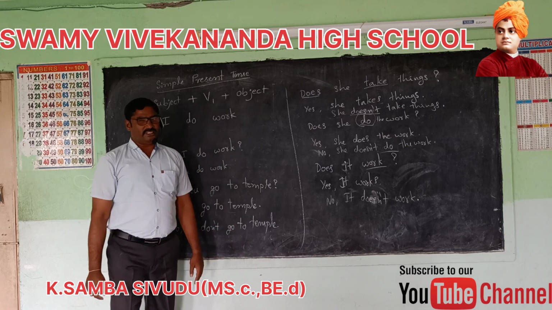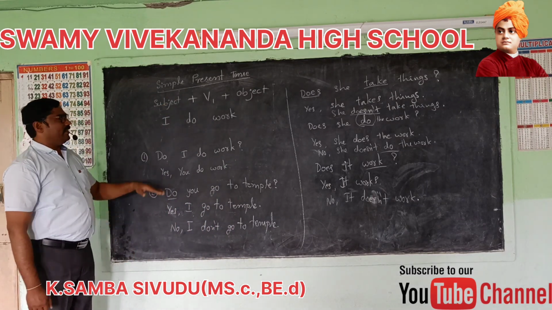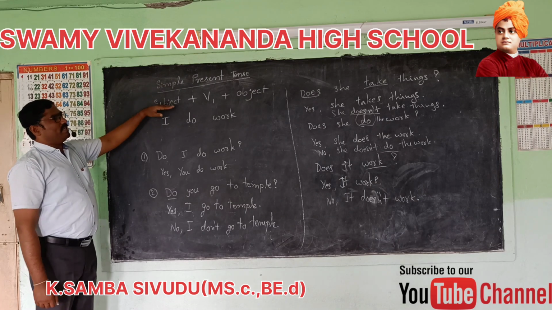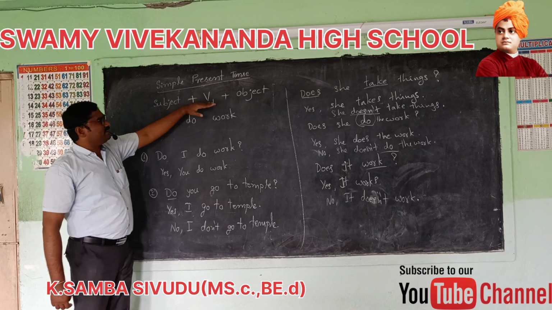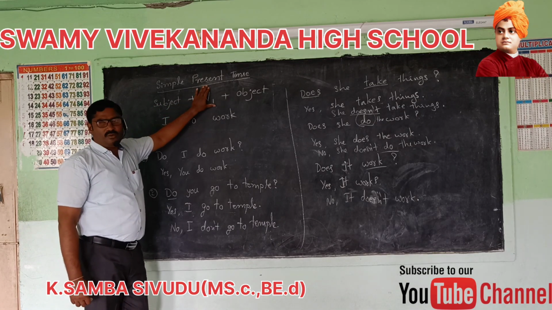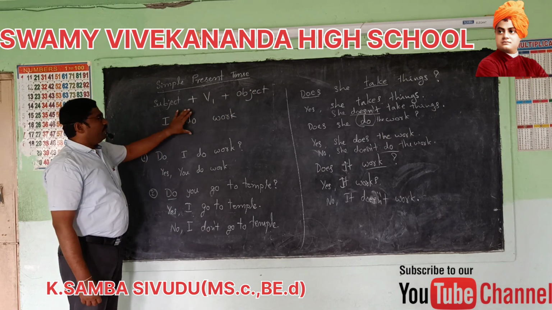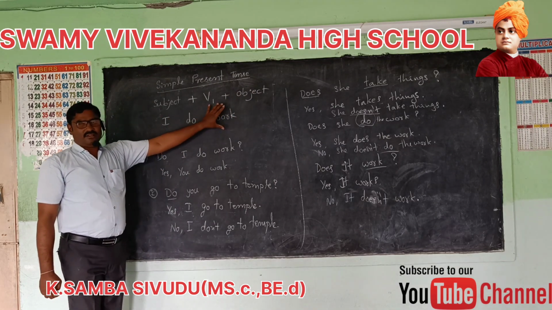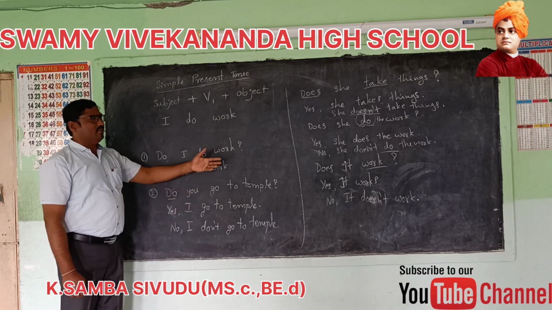So up to now we have seen examples of simple present tense. Once again, the structure of simple present tense: subject plus the present verb and object. Here, I do work. Similarly, he does the work.